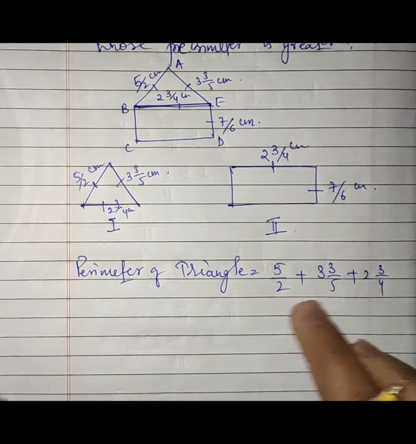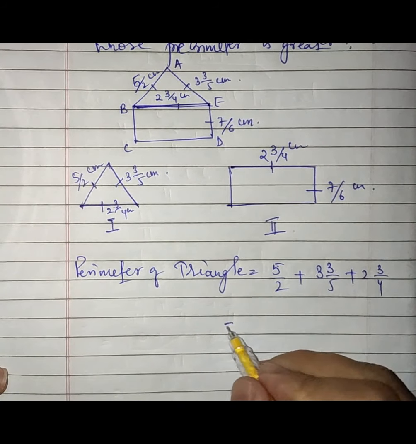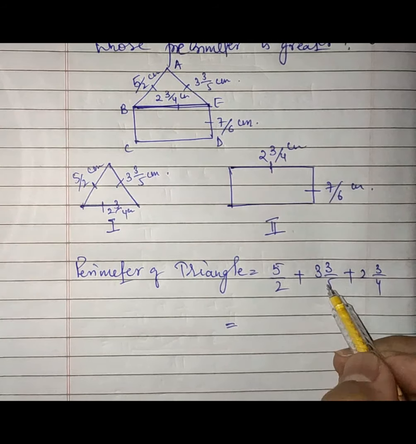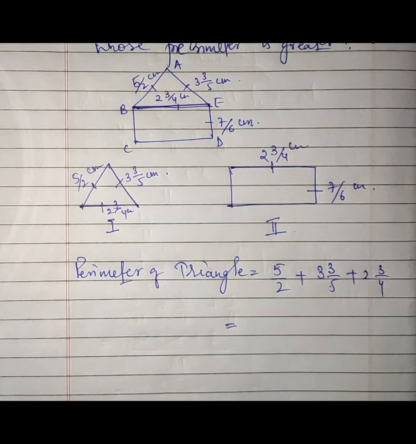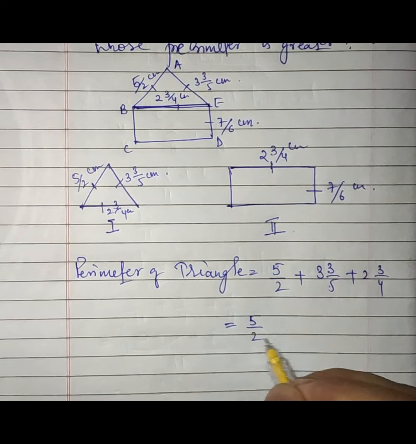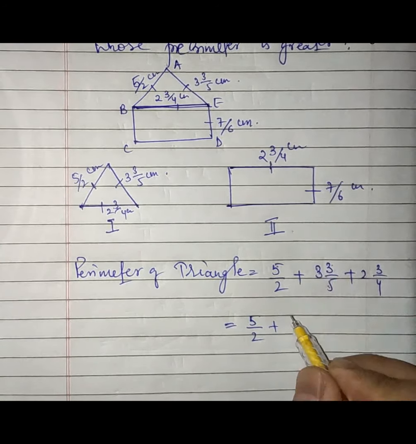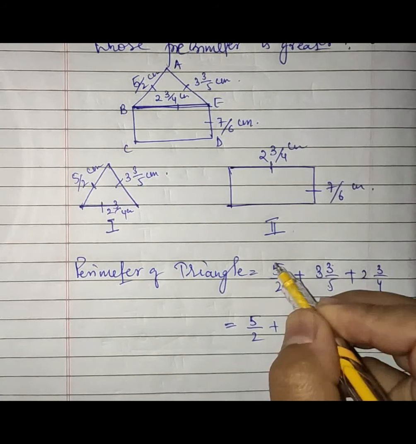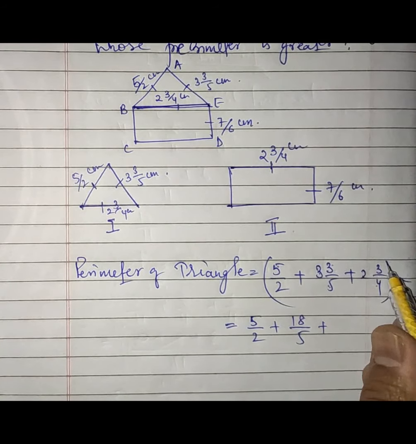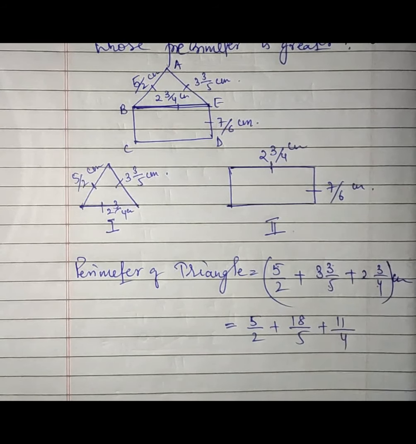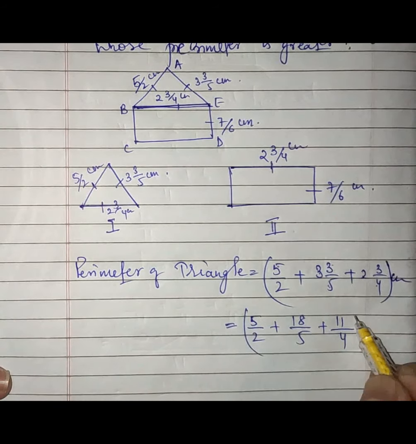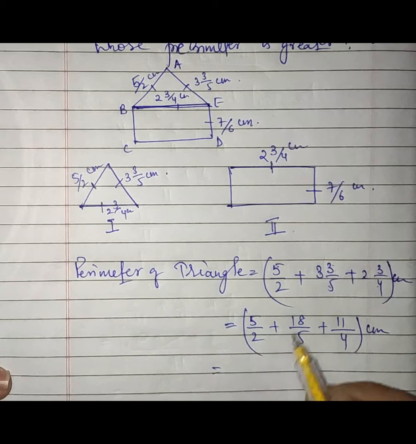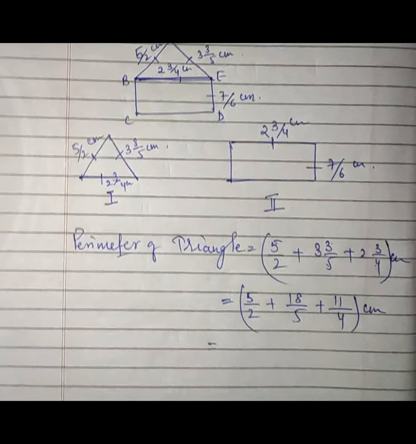So we can't add in such a way, but we have to convert these mixed fractions into improper fractions. 5 by 2 plus 5 3s are 15, 15 plus 3, 18 by 5 plus 4 2s are 8, 8 plus 3, 11 by 4. Only in such a condition can we calculate the value, isn't it?